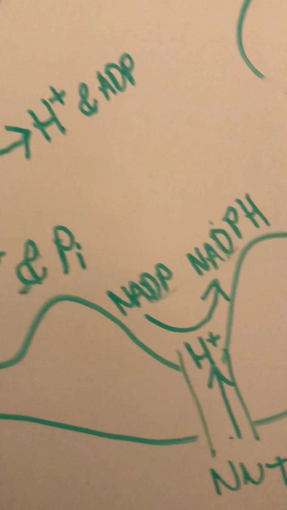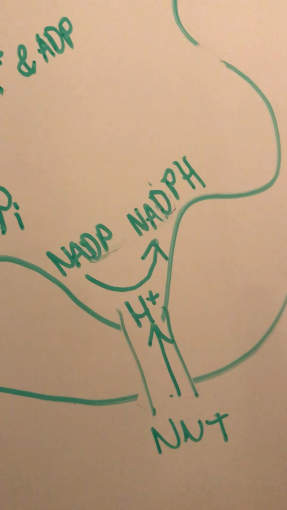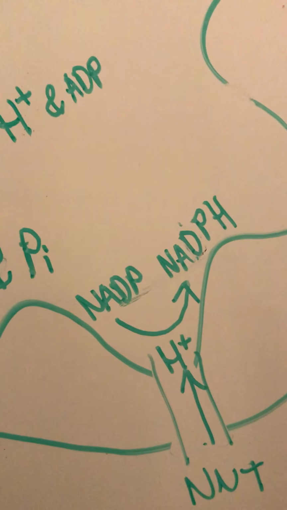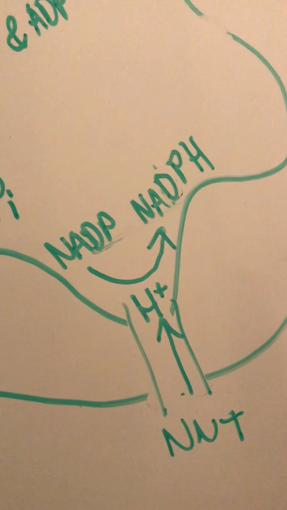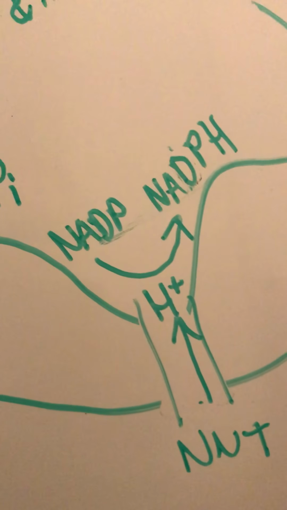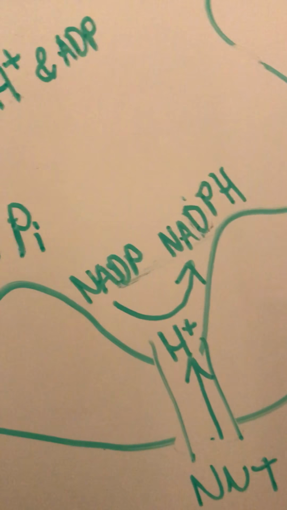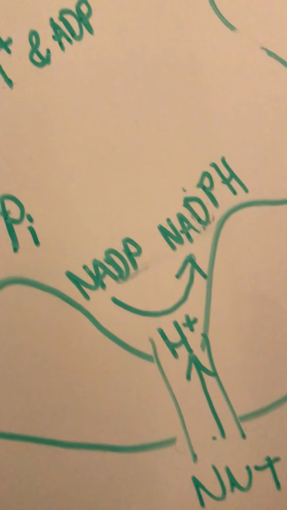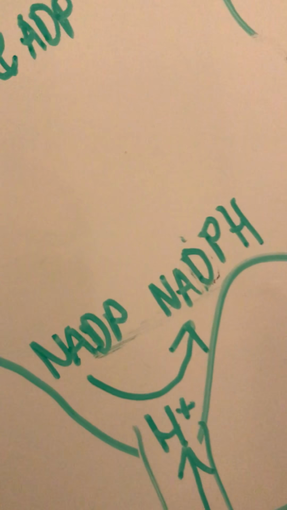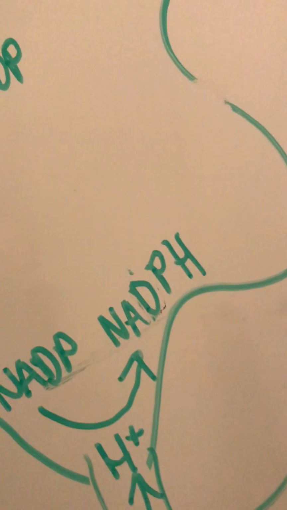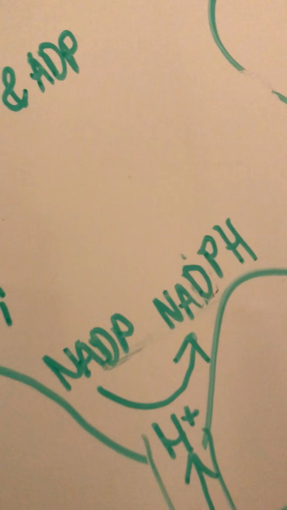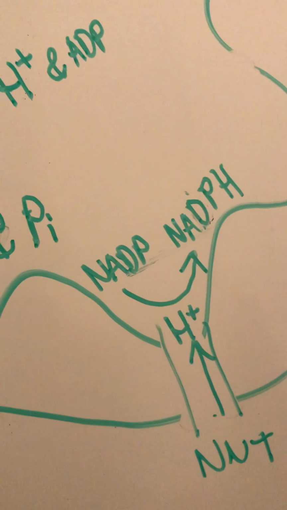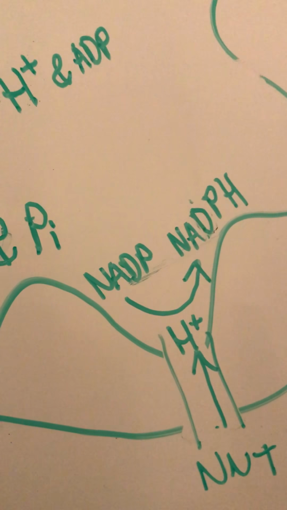And lastly, we'll talk about NNT real quick. NNT actually pumps hydrogen ions from the inner membrane space. I drew this a little poorly, it makes it look like it's coming from the cytosol, but NNT pumps hydrogens from the inner membrane space. Using this energy, it can convert NADP to NADPH. This NADPH is really helpful for metabolism of reactive oxygen species.